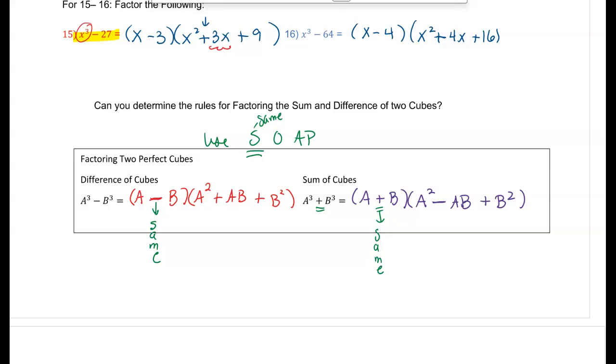Okay. Now, what's the difference between this? Oh, we're going to use the word opposite. And you're going to have opposite sign. So if I have a subtraction here, it's going to end up being addition. If I had addition to start with, guess what this one ends up being? Subtraction. So it's opposite.